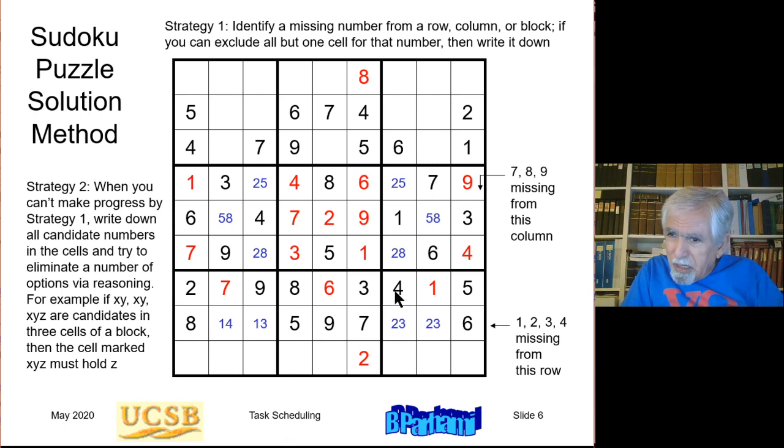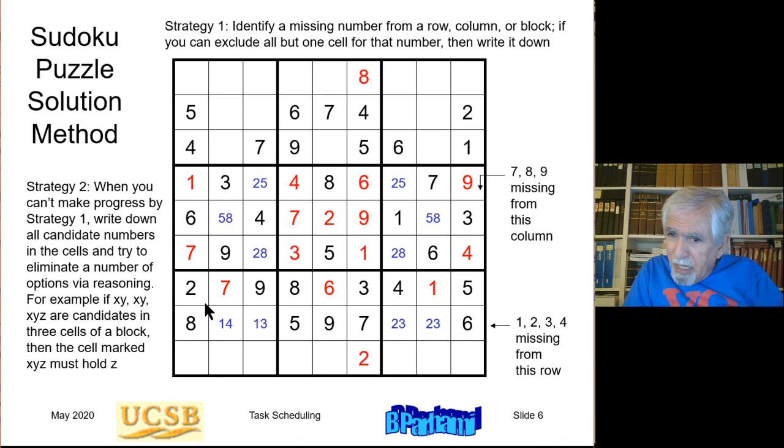For these two cells, 1 and 4 are already inside this box. So of those 4, only 2 or 3 can go in each of these boxes. So 1, 2, 3, 4 is what's missing from this row, but 1 and 4 are already in this box, so 2 or 3.